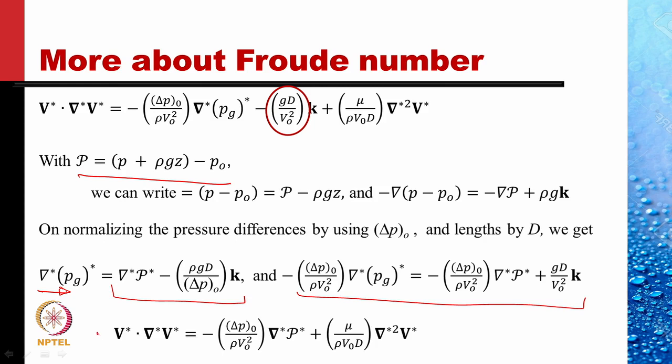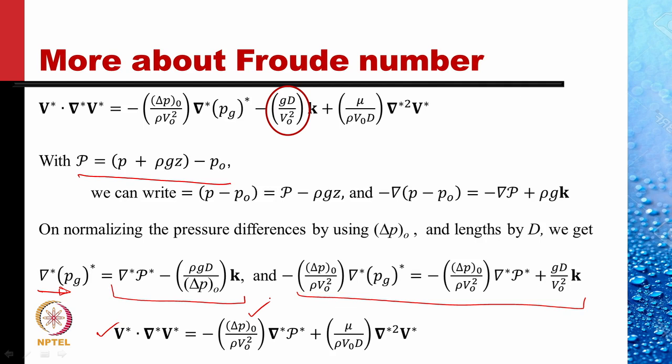And we can write V star dot del star V star is equal to minus delta P naught divided by rho V naught squared del star script P star plus mu divided by rho V naught d into del star squared V star. Notice that the gravity term has been absorbed in this term, which represents the non-dimensional modified pressure, the non-gravitational pressure.